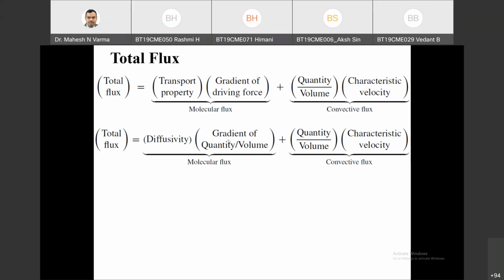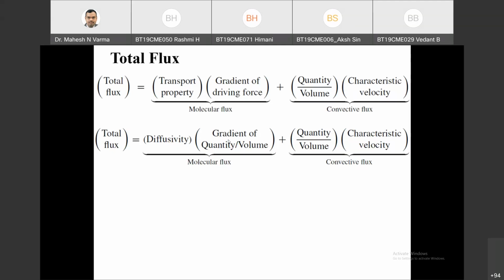So this is quantity at one point minus quantity at another point divided by distance. So this will be quantity per unit volume divided by length. Gradient of quantity per unit volume is nothing but the quantity per unit volume divided by length.